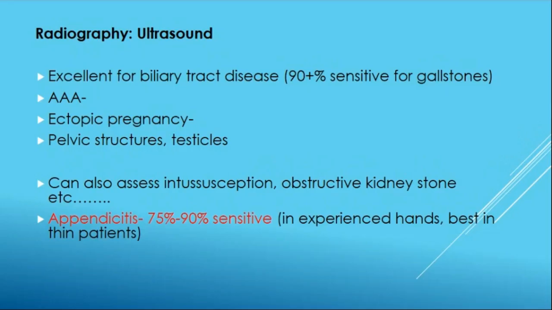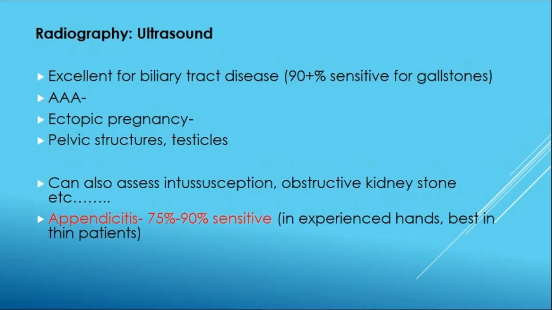You may need it, right? Especially when you get an obese patient, your clinical assessment may not be correct. Then you have to go for the imaging, right? If the patient is having a long history, again, it's doubtful, because appendicitis is not a long history, it's a short history, right? The other thing is a female patient.